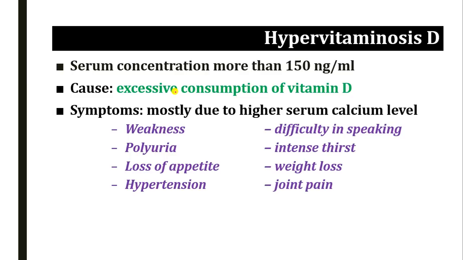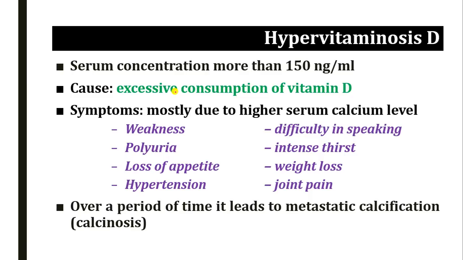The symptoms of hypervitaminosis D are usually because of higher serum calcium level: weakness, difficulty in speaking, polyuria, intense thirst, loss of appetite, weight loss, hypertension and joint pain. Over a period of time, this hypercalcemia leads to metastatic calcification, also known as calcinosis.